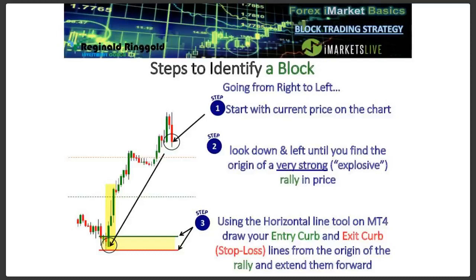When you find that explosive move, you're looking to identify that stop size. It's very important that we understand that. When we draw the horizontal line on the MT4 platform, this is establishing our entry. Now you may want to either enter there, or you could just simply place a limit or an alert there to notify you when price gets back to that area.